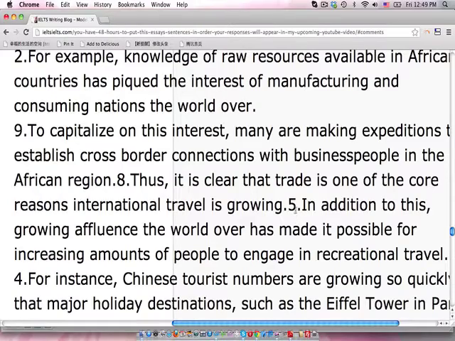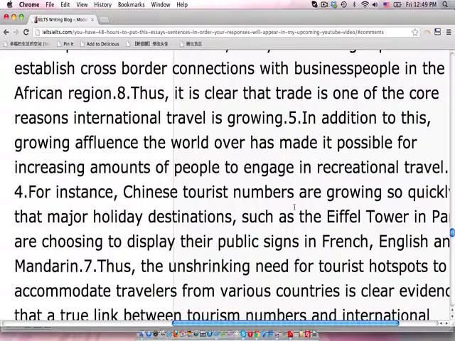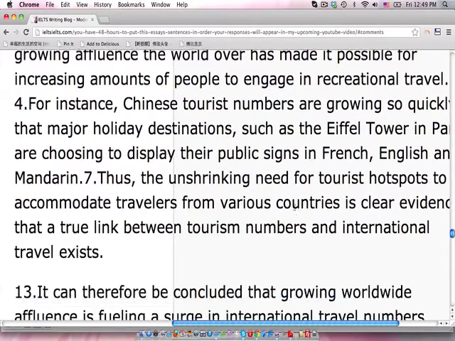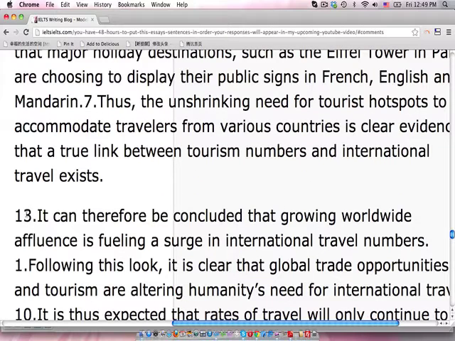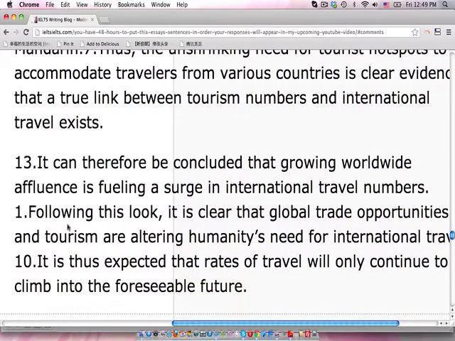Maybe something to do with your keyboard, or I'm not sure. Okay, then you have, for instance, thus it can therefore be concluded. I hope that this 13 is being grouped with this paragraph and you're not making it into its own. But yeah, it looks like most of the sentences are in the right order. They're just kind of awkwardly placed.